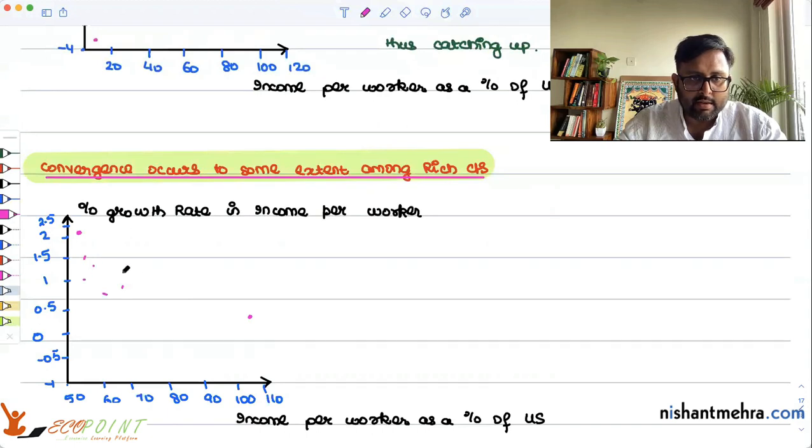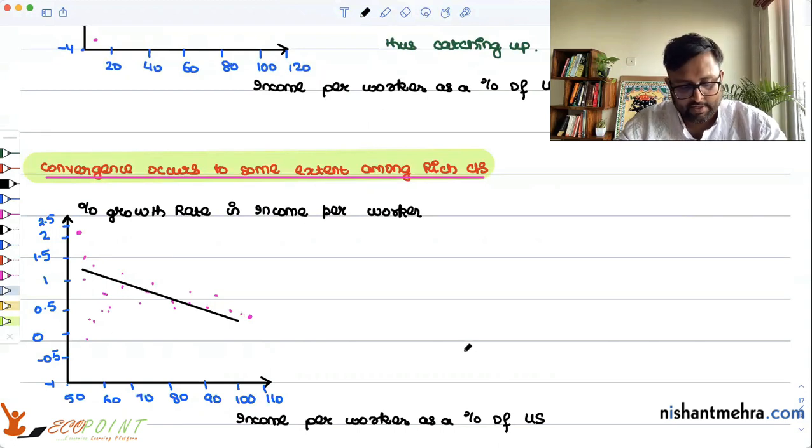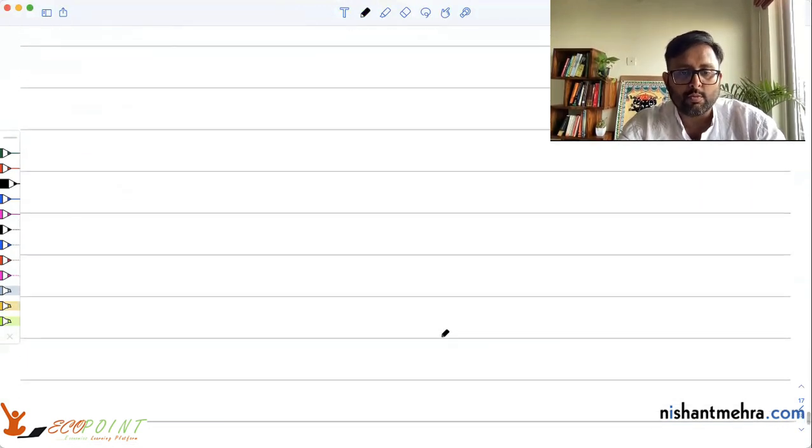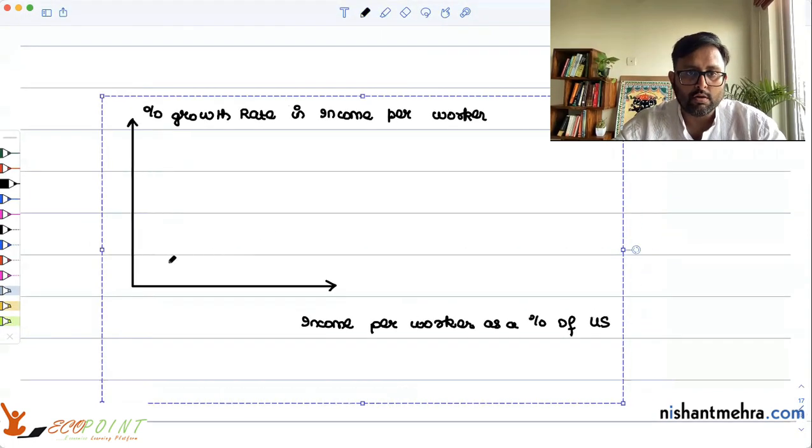So there is some evidence of convergence in what you call rich countries, that yes, you see this kind of negative correlation there in case of rich countries. Among poor countries, again, you do not see convergence.